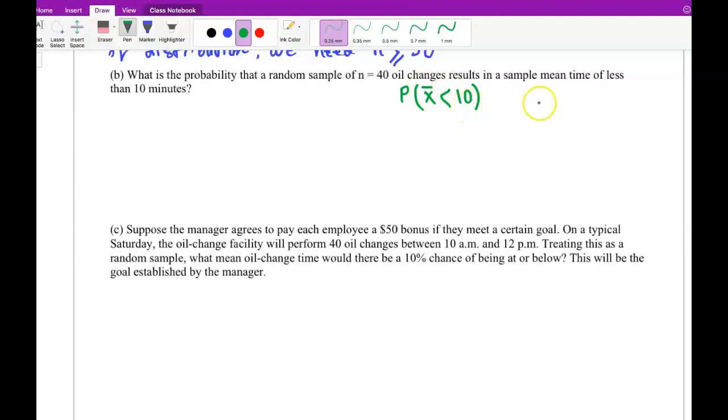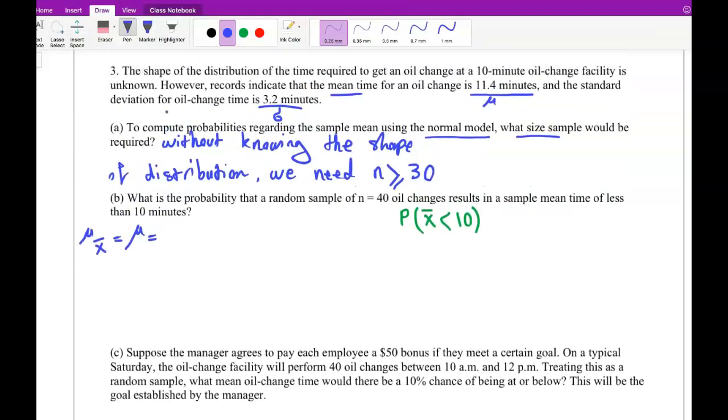In this part we have a normal distribution, and the mean is equal to 11.4, which was on top.